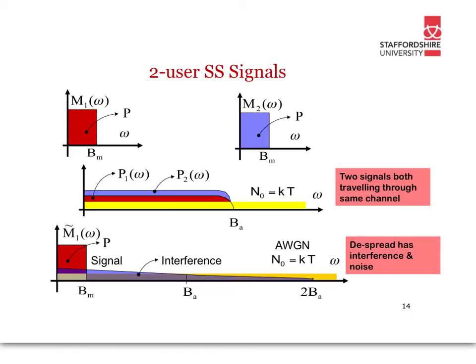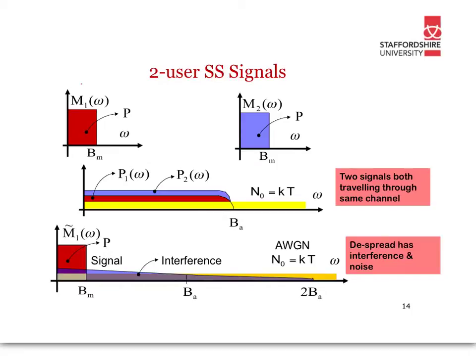So what does this look like? For multiple users, we've got user 1 here and user 2 here, occupying the same bandwidth, just a different colour. They're shown in this graph on top of each other because they're additive. However, when we despread the signal, the multiple access interference is just slightly higher because it looks like noise.